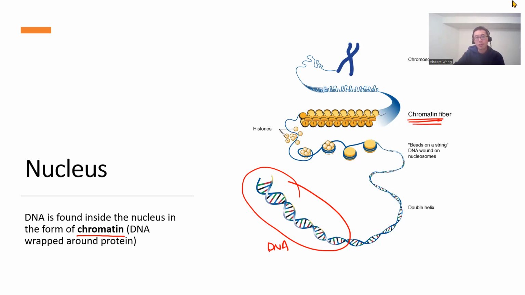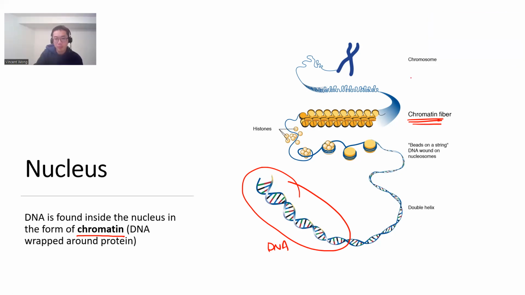Now you might have also heard of the word chromosome. On TV and in movies, you might see them represented by these X's. A chromosome is essentially the same as chromatin, but even more compact and condensed. Regularly, when a cell is not dividing, the genetic material is in the form of chromatin.